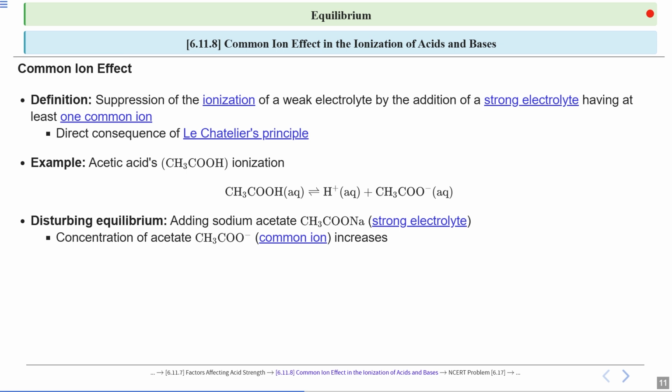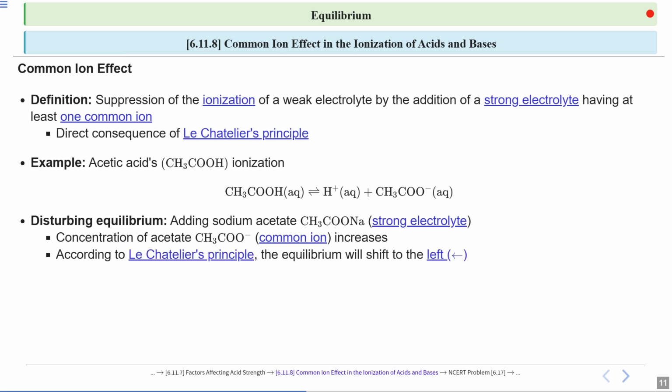There will be an increase in the common ion, because acetic acid is donating the acetate ion, plus sodium acetate is also donating the acetate ion. Therefore, we have a common ion between these two compounds, and that will result in suppression of the dissociation of acetic acid, because salt is always completely ionizable. We know it for sure. The only thing that can keep the equilibrium constant in check is less dissociation of acetic acid.